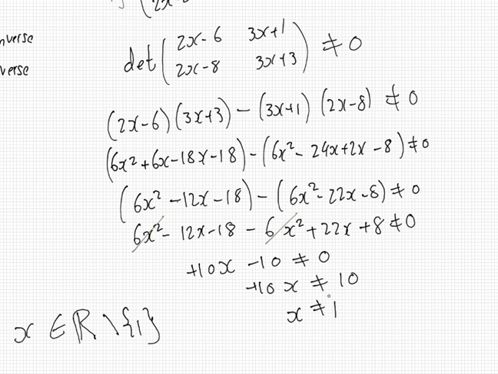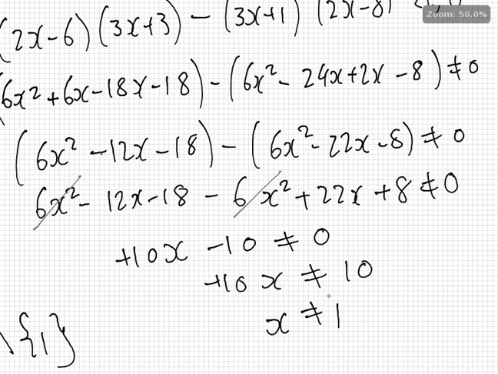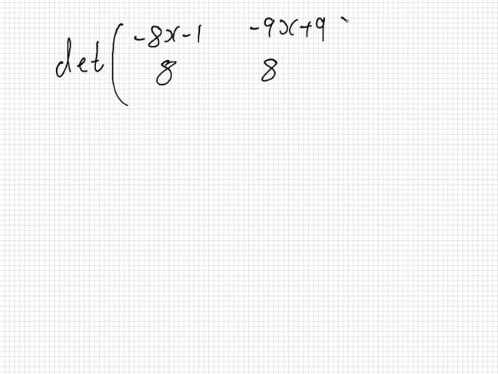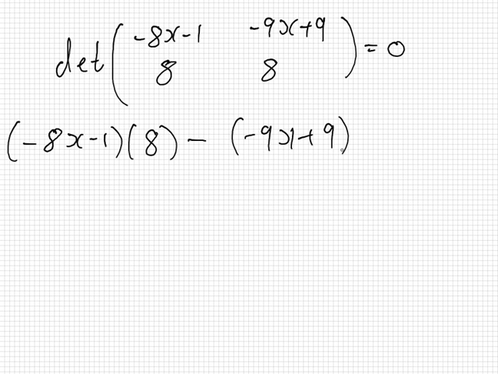Okay, do you have that sorted? All right. So I'll start it. If it has no inverse, that means its determinant must equal 0. So that means minus 8x minus 1 multiply 8 minus 9x plus 9 multiply 8 must equal 0.